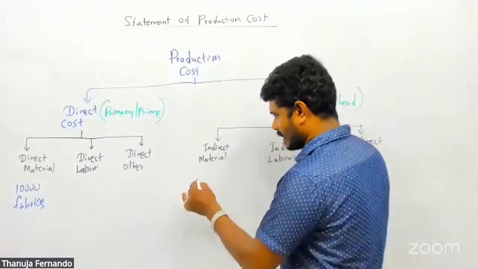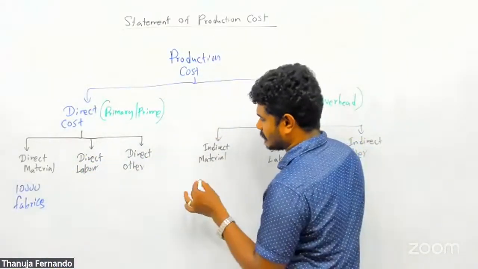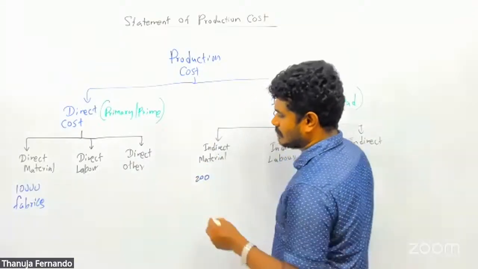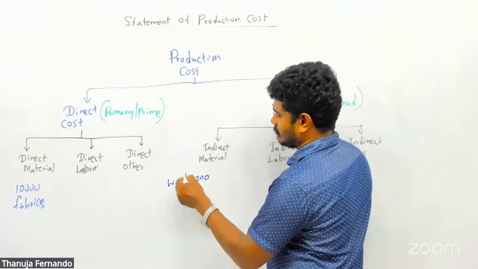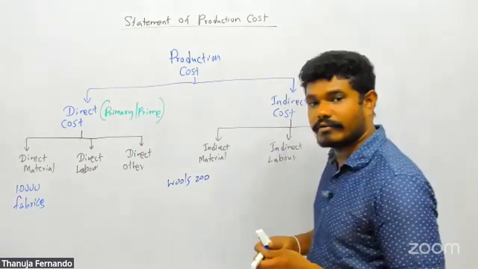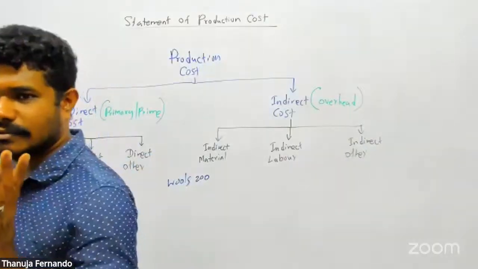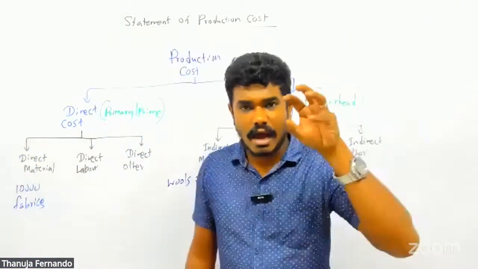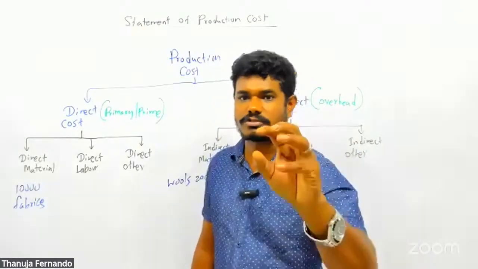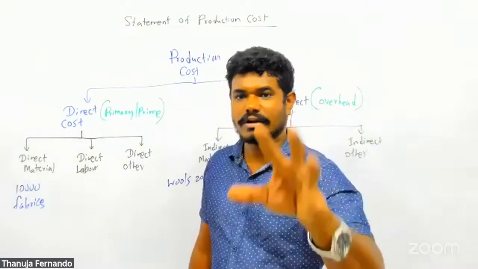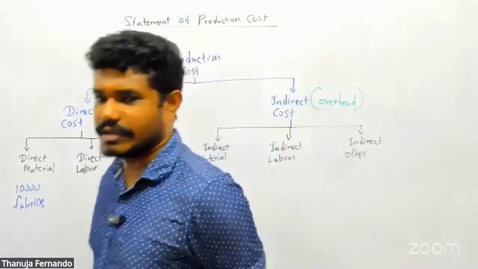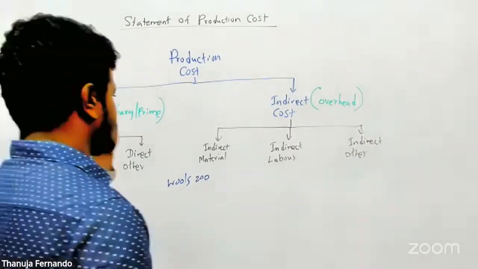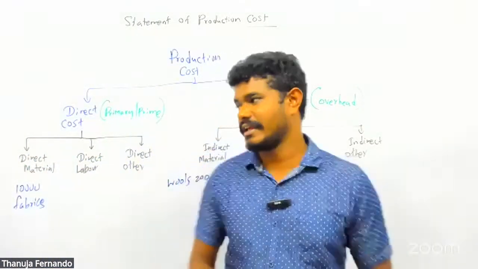Let's say one wool cone is 20 rupees, then 10 wool cones are 200. So this one is an indirect material, because we can't clearly identify the accurate cost for a unit. Right. And give me another material for direct cost.